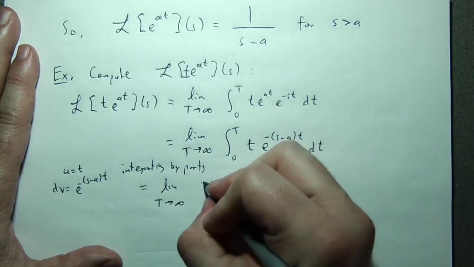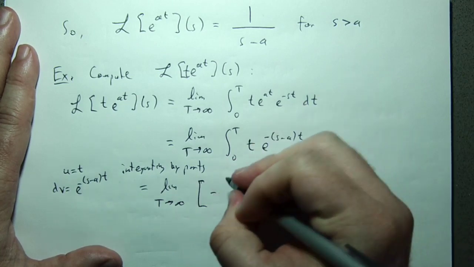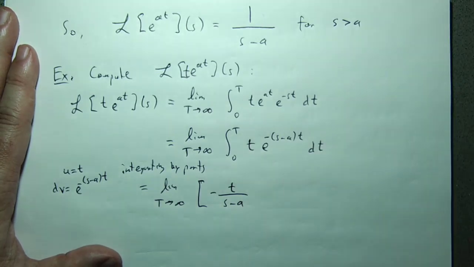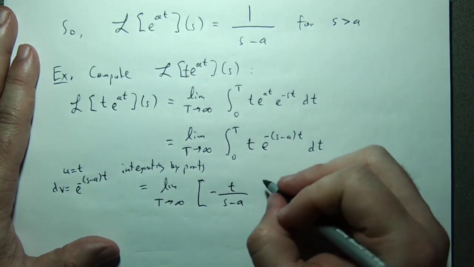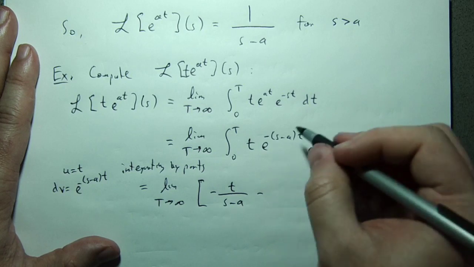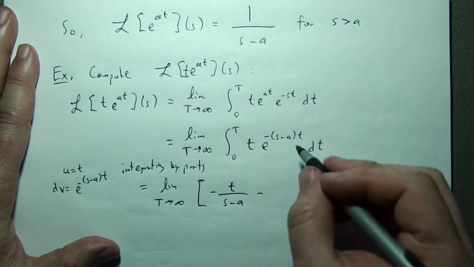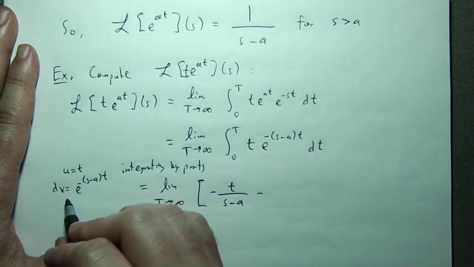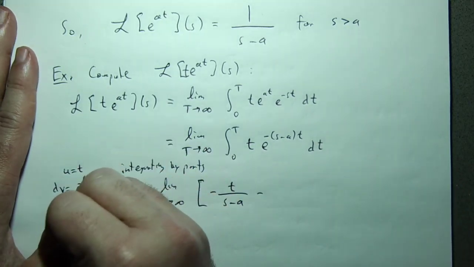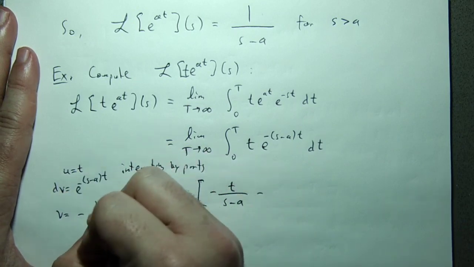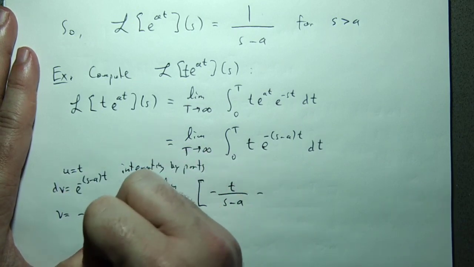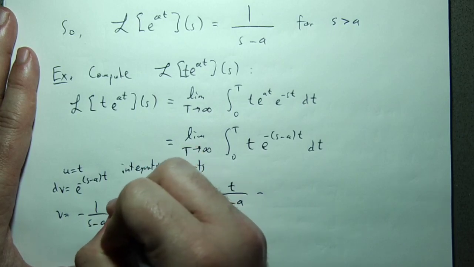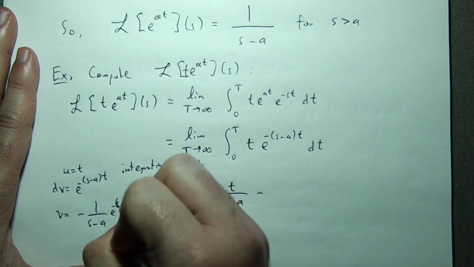So this would be the limit of minus t over s minus a, minus, and then you get 2 of those coming from the second integral, because v here is going to be minus 1 over s minus a e to the minus s minus a t, right?